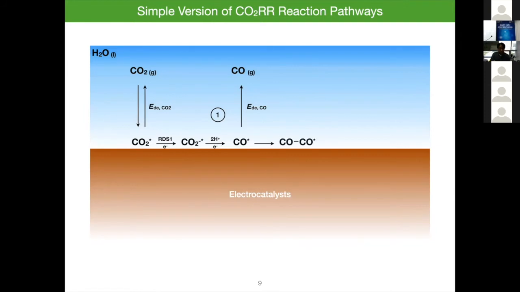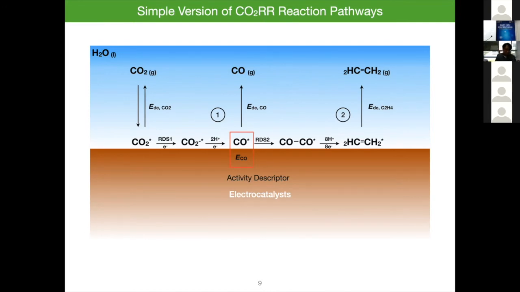Then it's reduced to CO, and then CC coupling also occurs to make ethylene. The important thing to control the product selectivity between carbon monoxide and ethylene is the CO binding energy, which is also called the key activity descriptor.